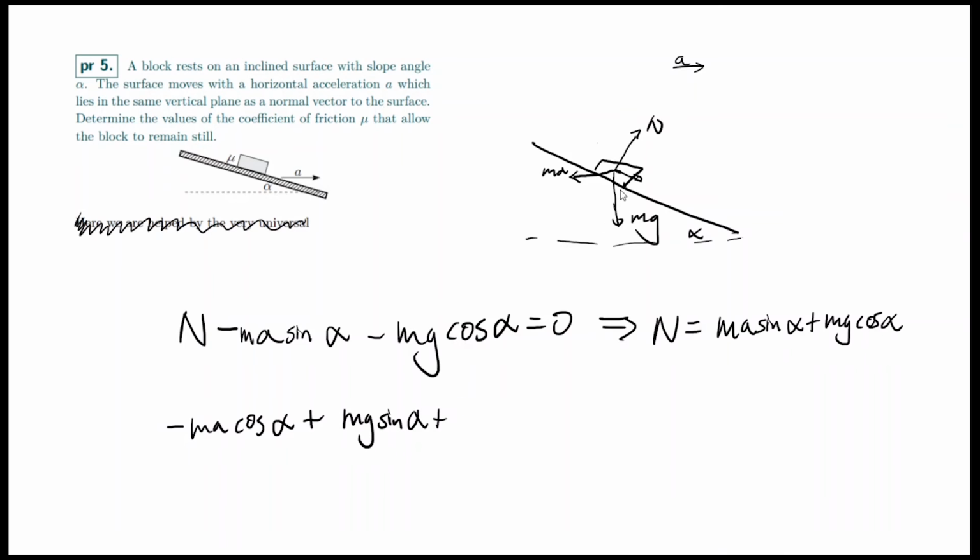And so the friction force, which we'll denote F sub F, is equal to 0, and this implies that F sub F is equal to ma cosine alpha minus mg sine alpha.